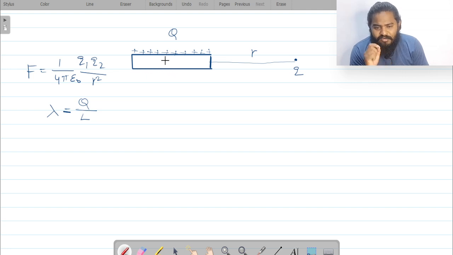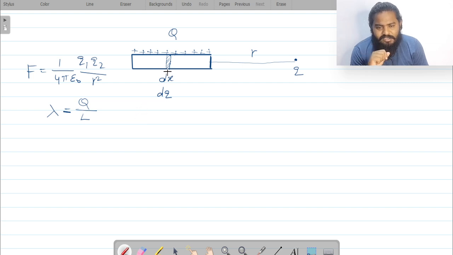To find that, first of all, I'll take a very small element, a very small length dx. On this dx length, a very small charge dq will be present.